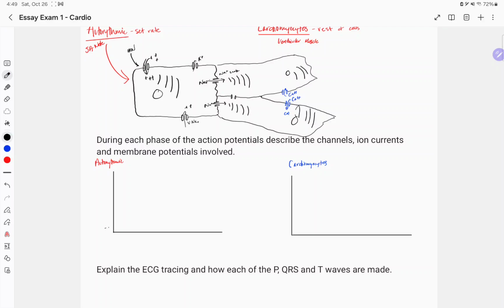We're going to start close to around -90 down here. 0 threshold, let's say, is going to be somewhere here. And what happens is we're going to have in our autorhythmic cells an increase of a depolarization event. And that is because of our funny channels, or our HCN channels, that are, again, letting in all these positive charges. And that's going to bring us up to threshold.